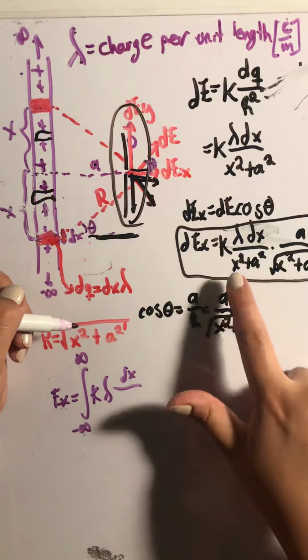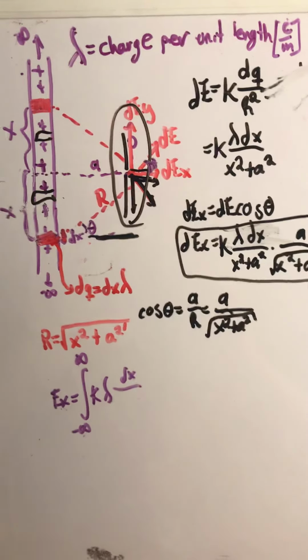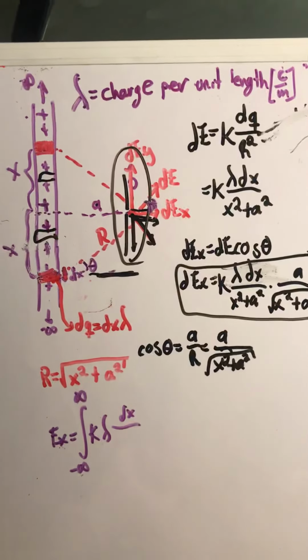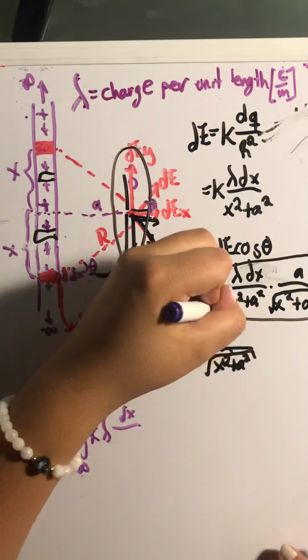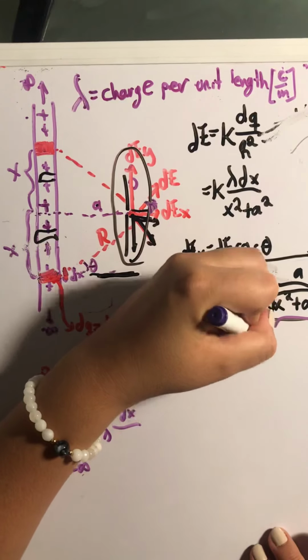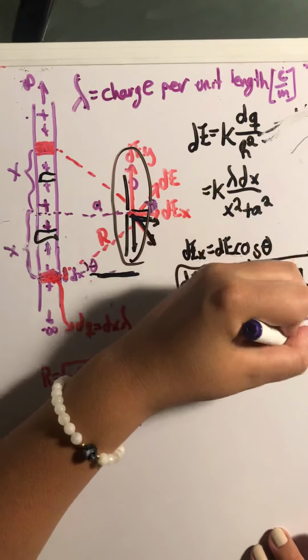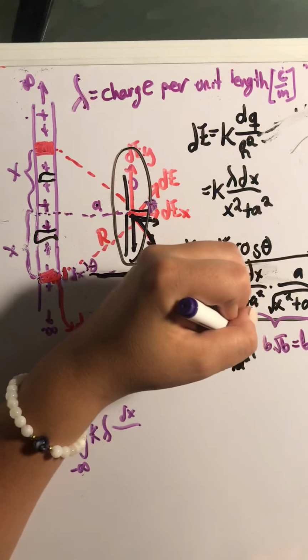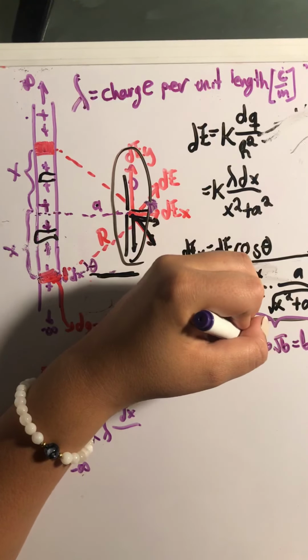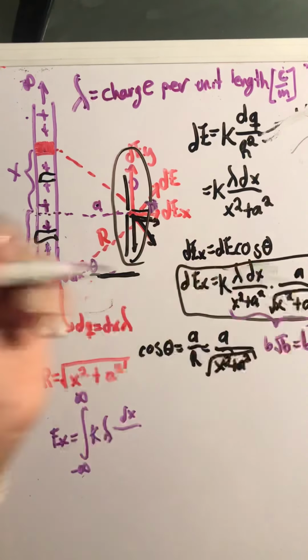As you can see, these are the same things. This is like when you have b times the square root of b, so b to the 1/2 times b, which is b to the 3/2.